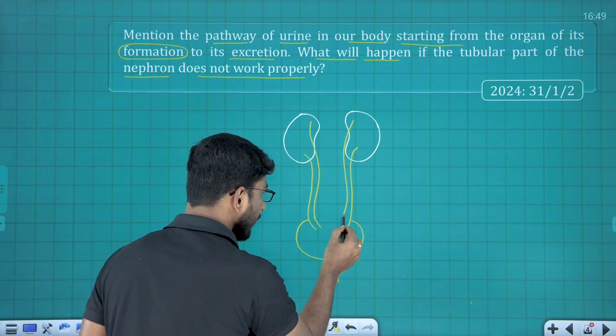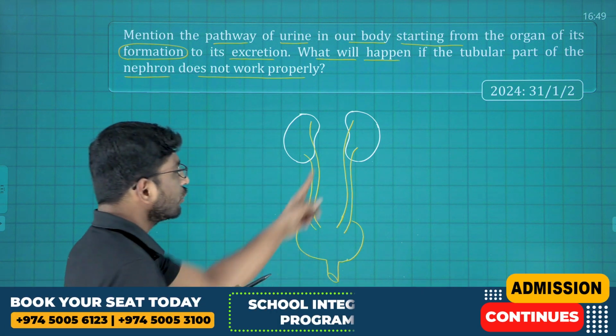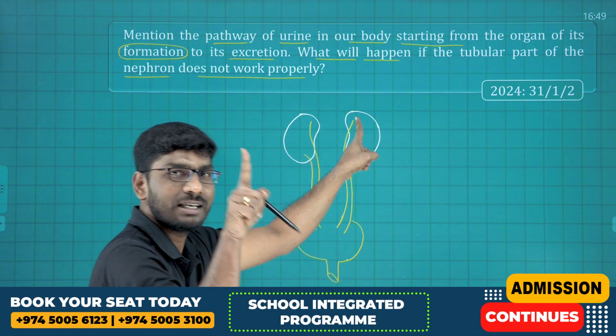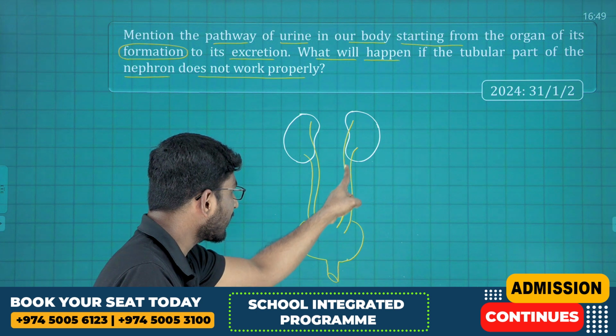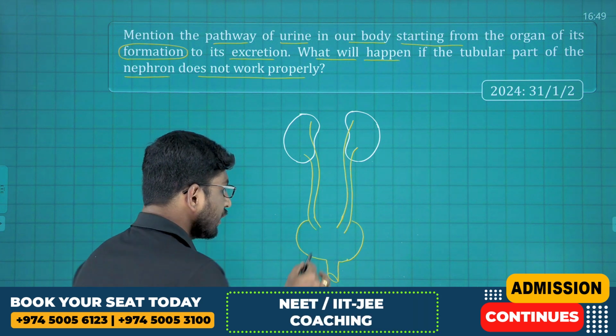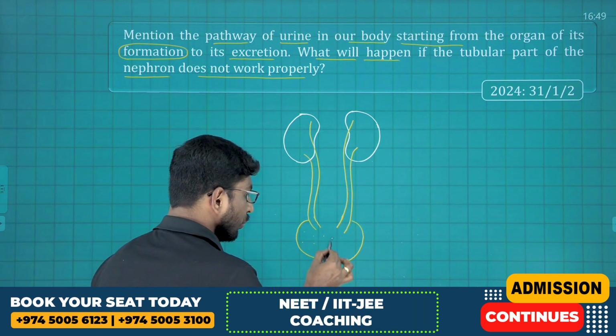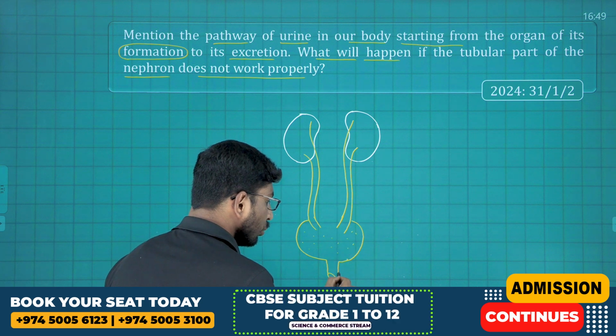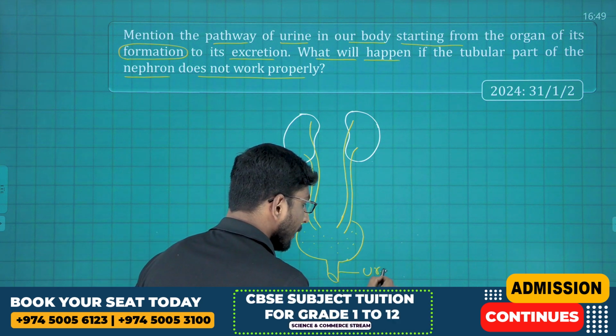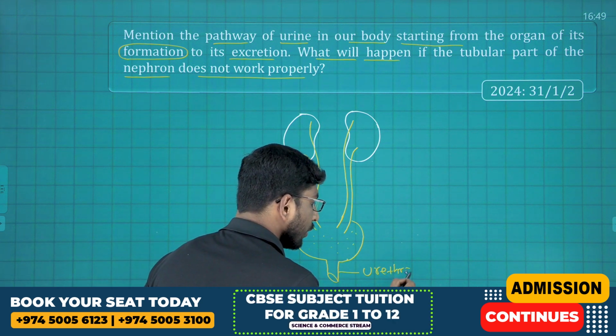This is urinary bladder. Urinary tubules are open. So urine formation takes place in the kidney. This urine is collected by the urinary tubule and it's stored in where? In the urinary bladder, and through the urethra. This is urethra. And what about this structure?